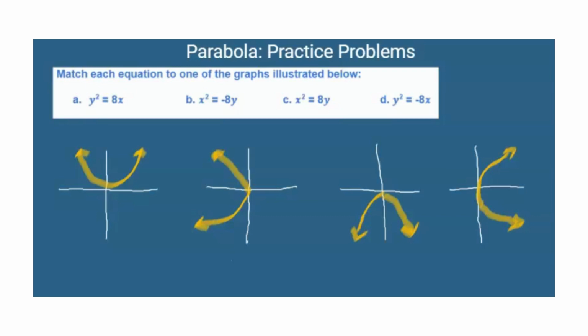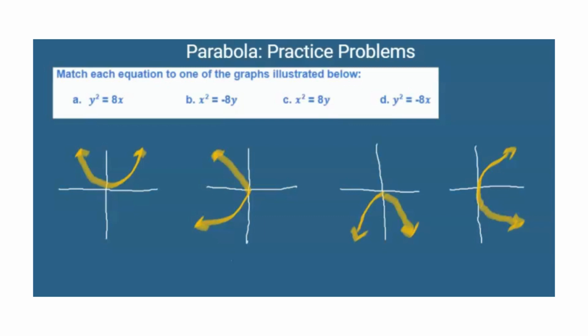Hello, so let's try to solve some practice problems. First one, let's match each equation to one of the graphs illustrated below. So the first one is y squared equals 8x. If it's y squared, it means the parabola is either opening left or right.